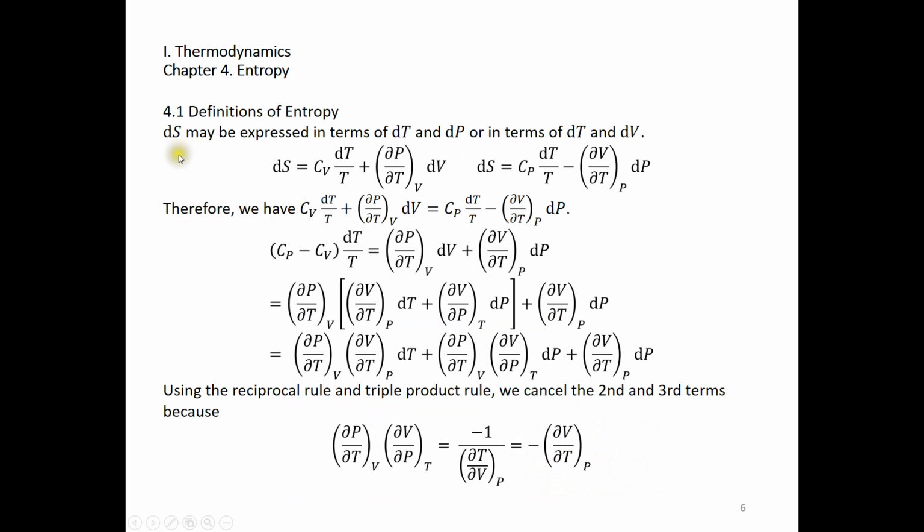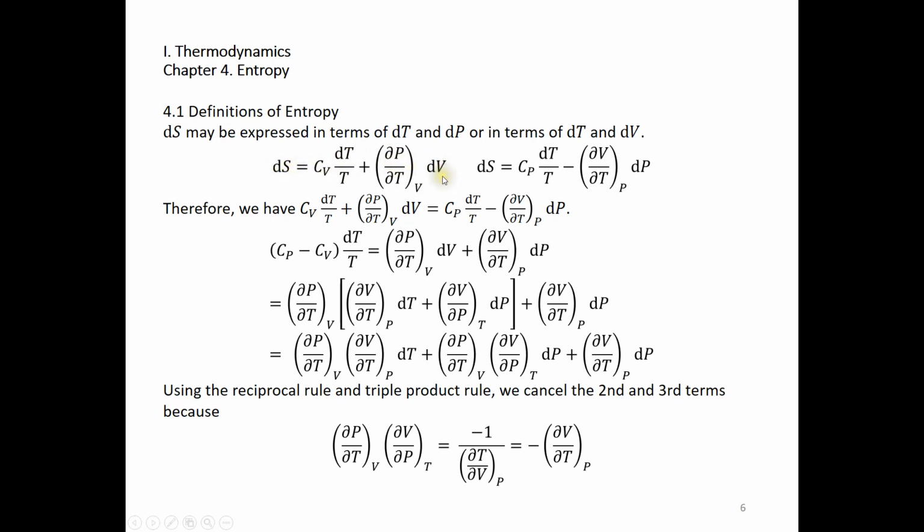Now, the differential of entropy may be expressed in terms of dT and dP, or in terms of dT and dV. So we have these two equations over here, and therefore these two equations should be exactly the same. The reason is entropy is a state function, so there's only one way to calculate the difference of entropy.